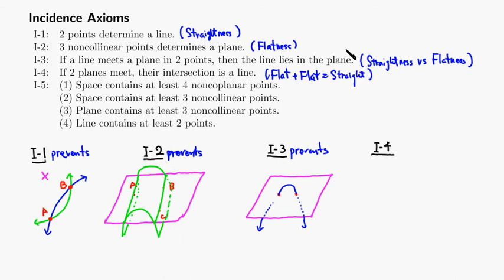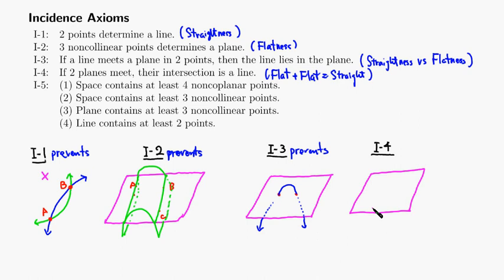Again, we're trying to give a flavor that a flat object has to have some sort of straightness characteristic to it. So we're trying to prevent something like this, basically the bending of the plane again.